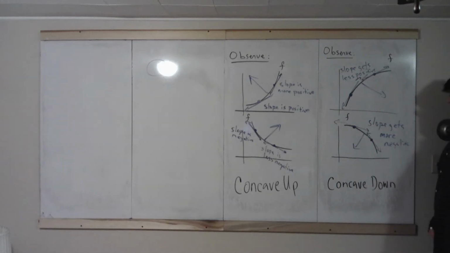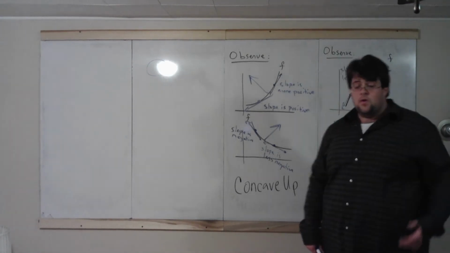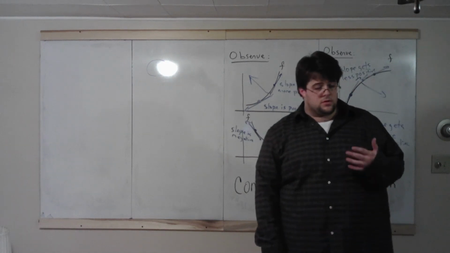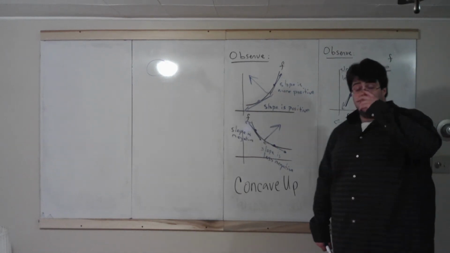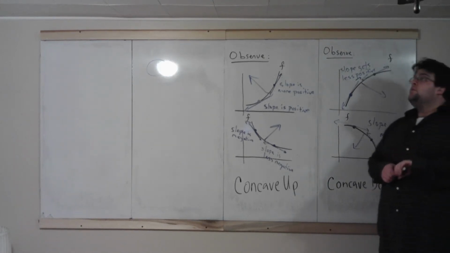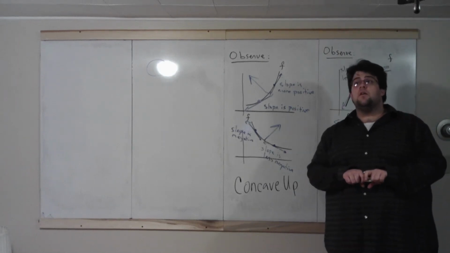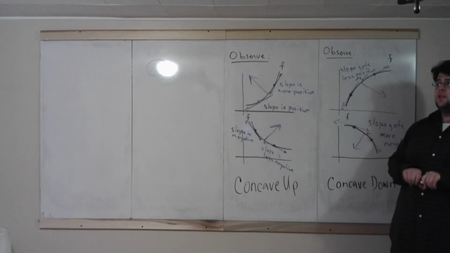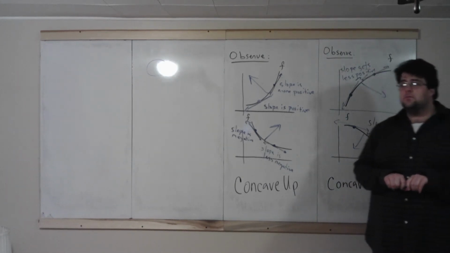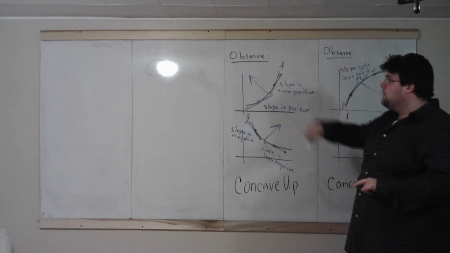If the first derivative is decreasing, the function is concave down. But how can we figure out if the first derivative is increasing or decreasing? Have we seen any theorems which allow us to figure out when a function is increasing versus when it is decreasing?